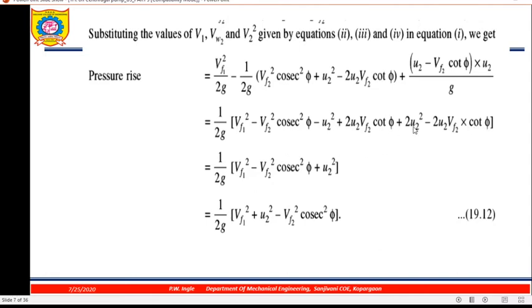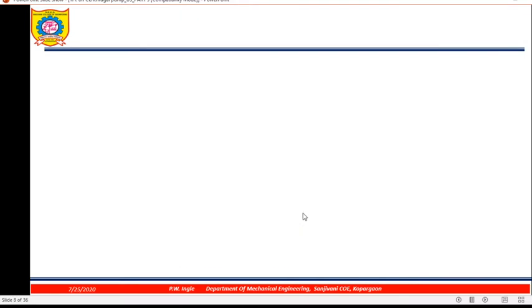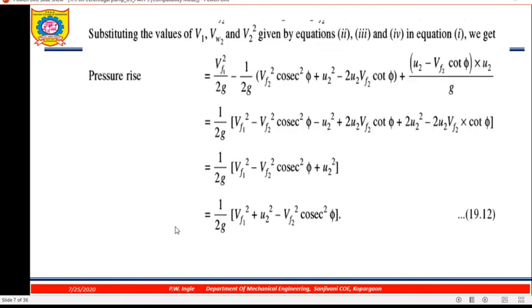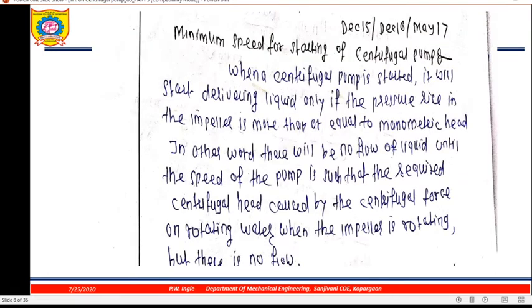Then 2 U2 square minus U2 square is U2 square. Therefore finally you get 1 by 2g [Vf1 square plus U2 square minus Vf2 square cosec square phi], and this is the required equation. This expression was asked many times. We have to show the pressure rise.